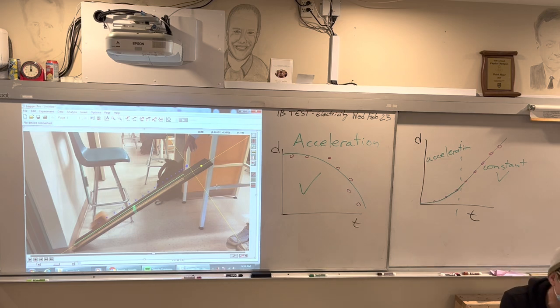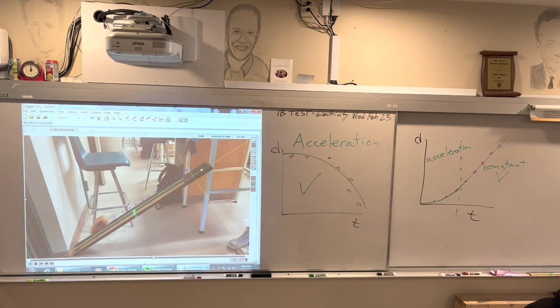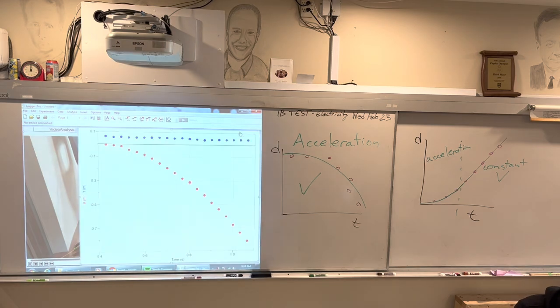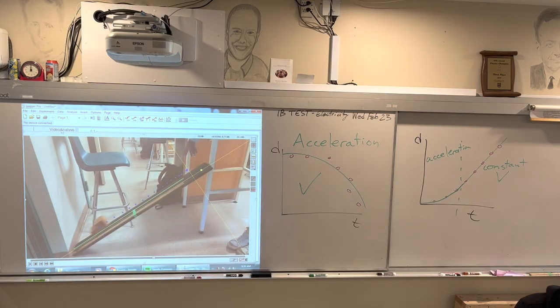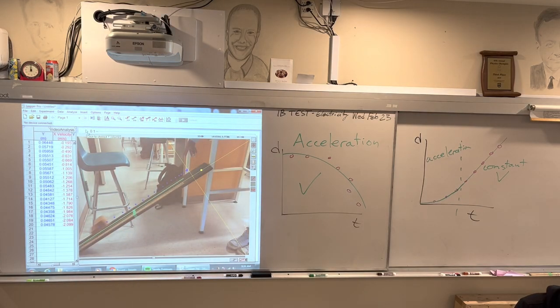Okay, so now we have some dots. And the cool thing is, just so you know, this is really just a collection of windows. So if I click on my graph here, oh, cool, we have a graph built. So I have all these points. And if I click over here, I have all my data there.